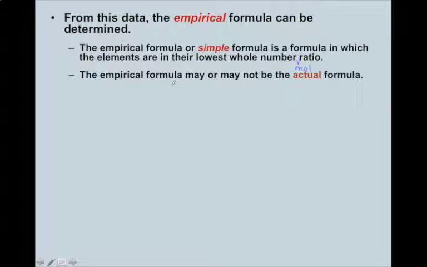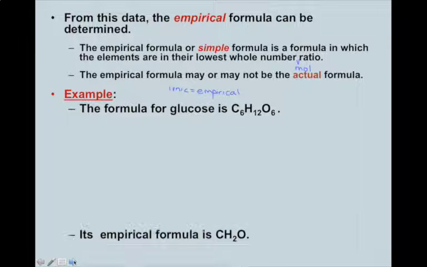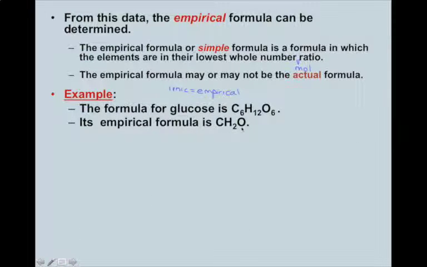If it's ionic, it will be empirical, because the way we do ionic compounds is to give the lowest ratio possible. But look at glucose. Notice that's covalent, all nonmetals. Its empirical formula can be dropped down to CH2O. Divide each of these by 6. But whenever we see glucose, it shows up way bigger than this, and I'll explain that next lesson.